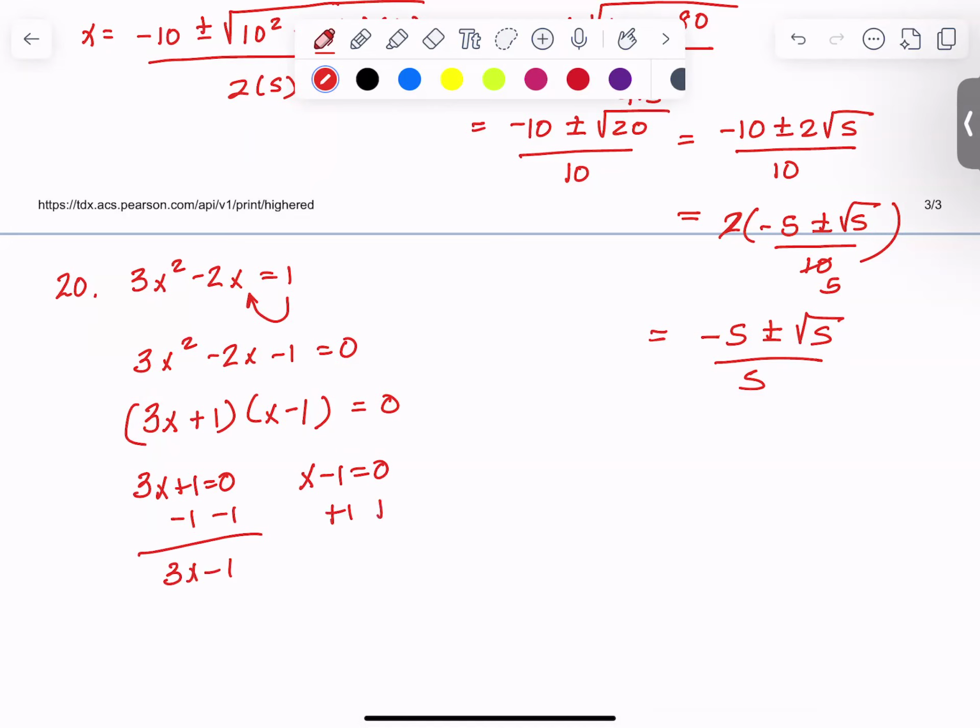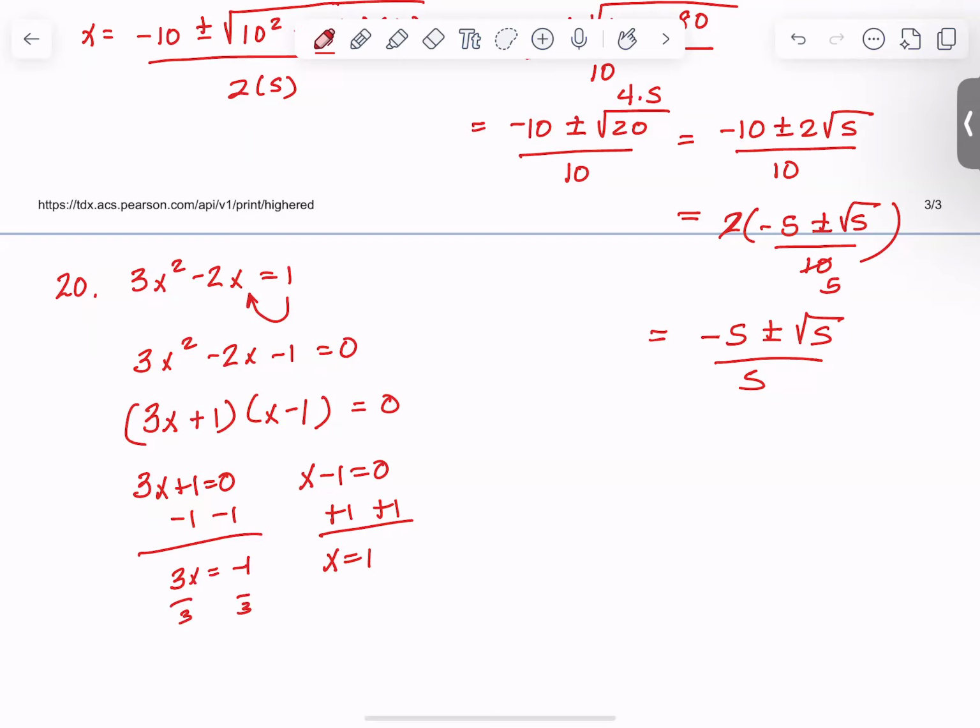Add 1. I'm not sure exactly what I've done over here. Who knows? Divide by 3. So I get negative 1/3 and positive 1.